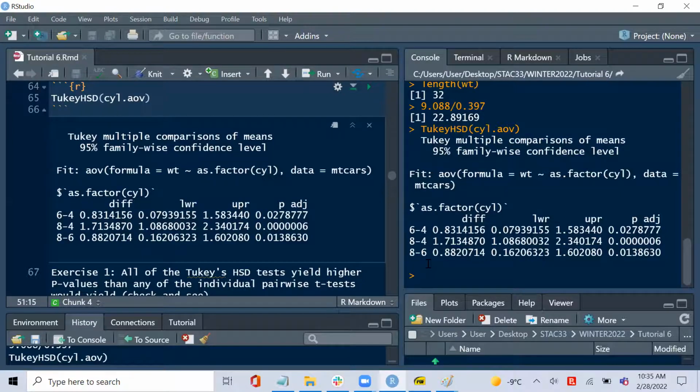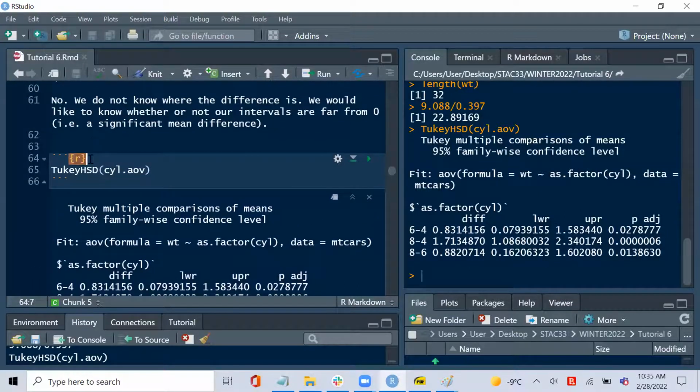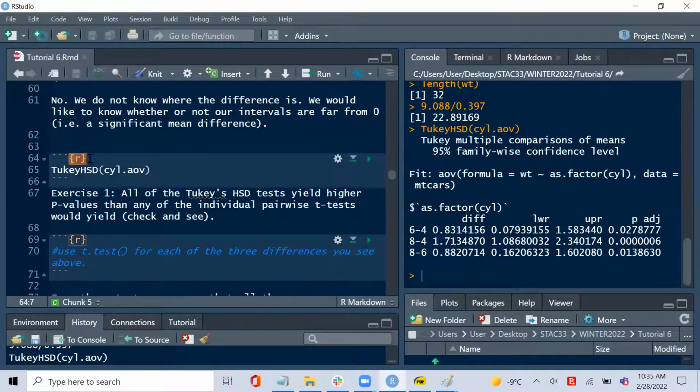So if I take the mean, for example, I'll do a quick demo here to show you what I mean.